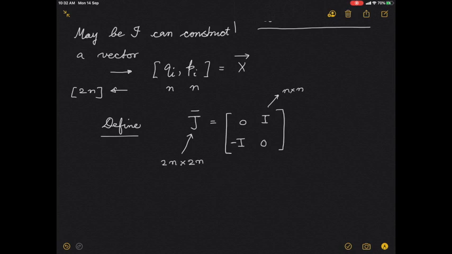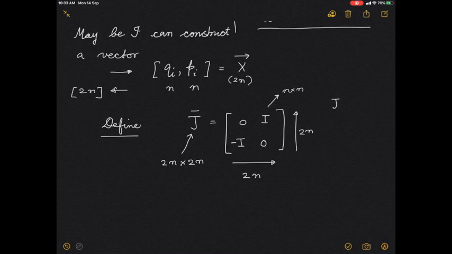So this is a 2n cross 2n matrix, which has the dimensionality of the phase space. In this direction I have 2n elements, in this direction I have 2n elements, and remember that this is also a 2n vector.